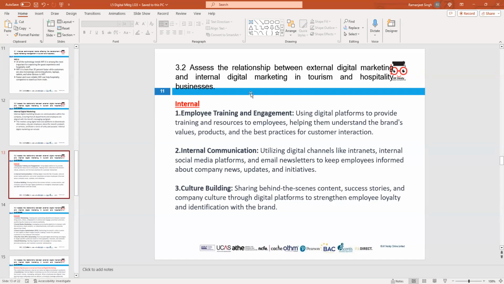So this technology is to market internally, right? So people know what the company is about. It helps them to raise standards. It helps them to use the technology or the best practices for customers. Okay, it helps people to understand what the company's brand values, products and practices are.